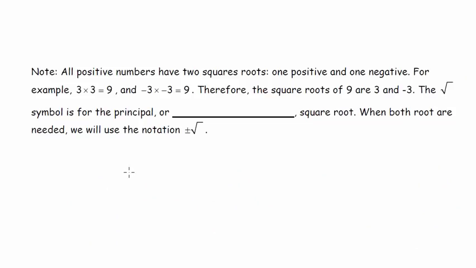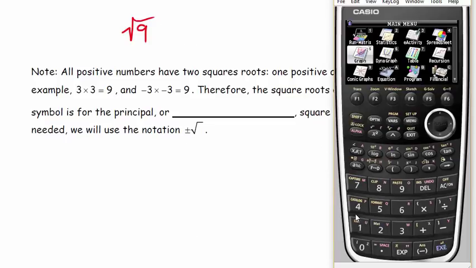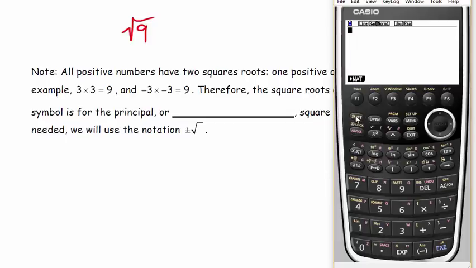Now, I want to make one small point here. If we think about square roots, usually when we take the square root, we have 2 values. So let's think about if I wanted to find the square root of 9. Well, usually if I go to the calculator and I type square root of 9, it says 3.